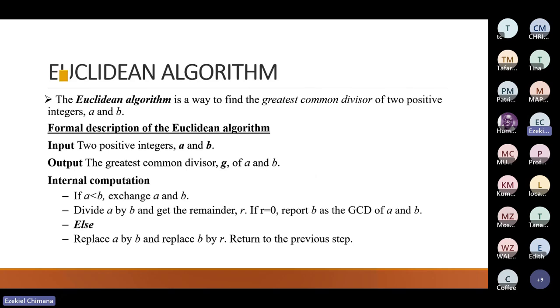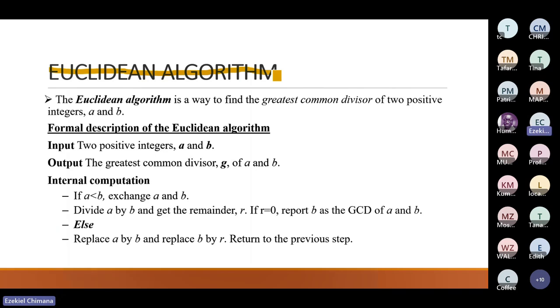So let's use the Euclidean algorithm to find the greatest common divisor. There are some algorithms that you can use, but here we are just going to use the Euclidean algorithm.